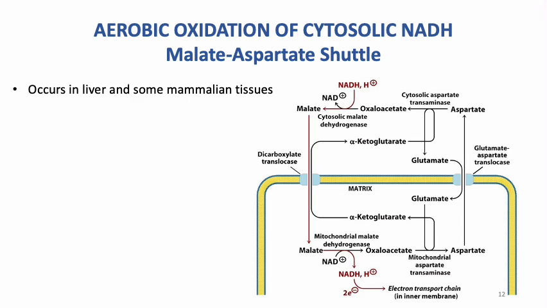This is a reaction between oxaloacetate and glutamate to produce aspartate and alpha ketoglutarate. The aspartate formed will be transported to the cytosol through a carrier, glutamate aspartate translocase, and there in the cytosol another transaminase enzyme will convert aspartate to oxaloacetate. So that oxaloacetate is regenerated and the shuttle will continue.